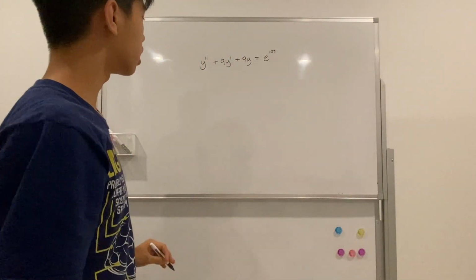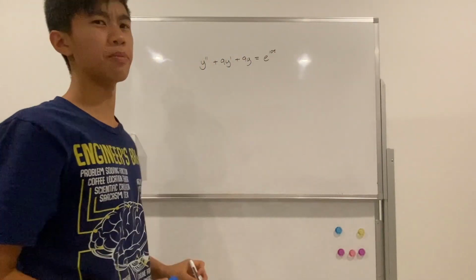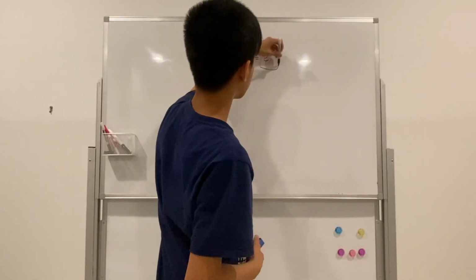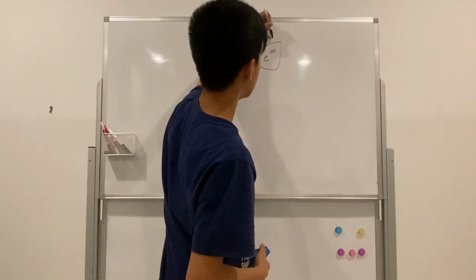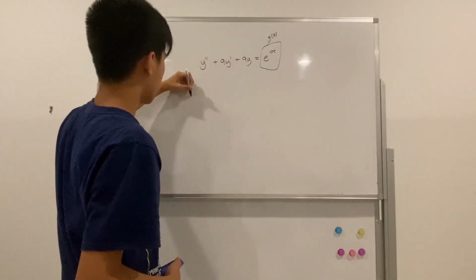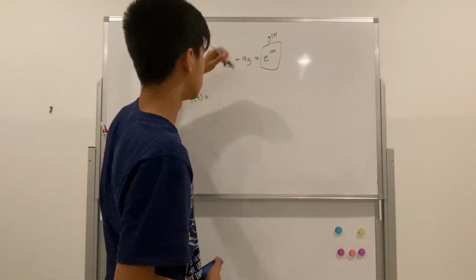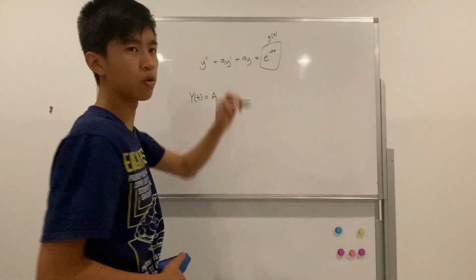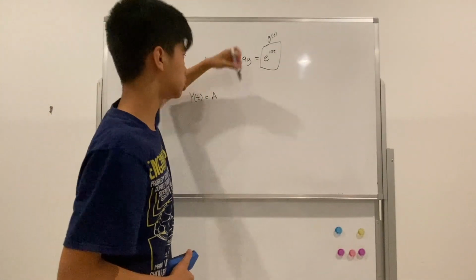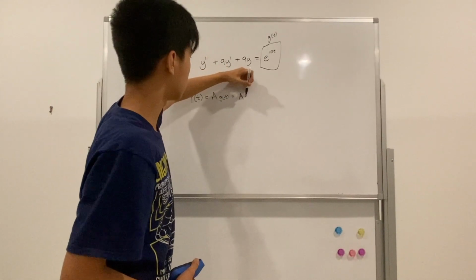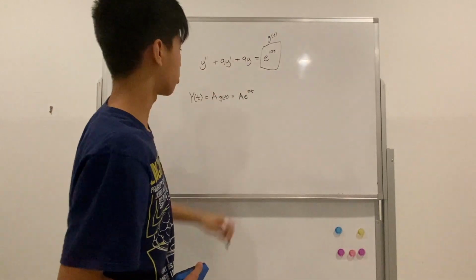In order to use the method of undetermined coefficients, you would look at this side, which I'll call g of t, and we set a test function, big Y of t, equal to A, a coefficient that we're going to solve for, times g of t, or A e to the 10t power.